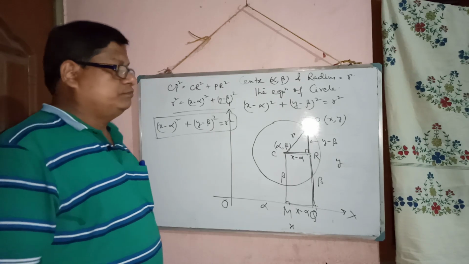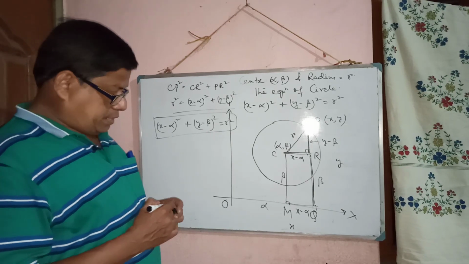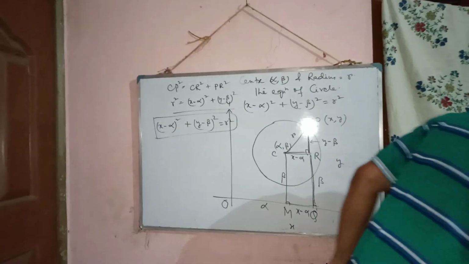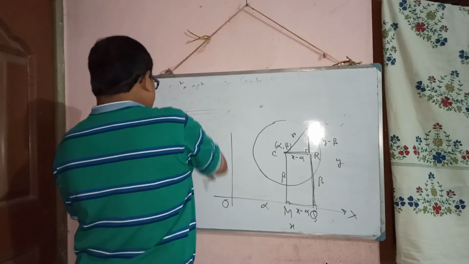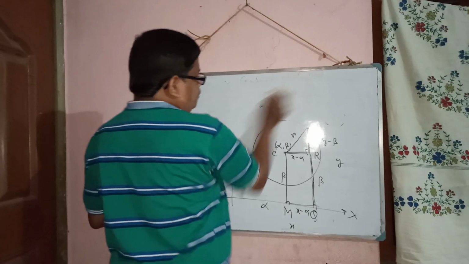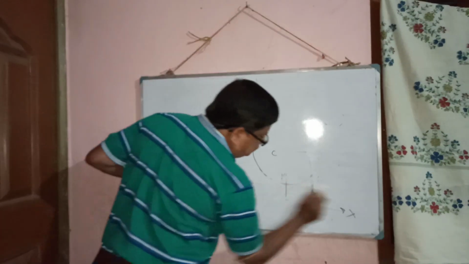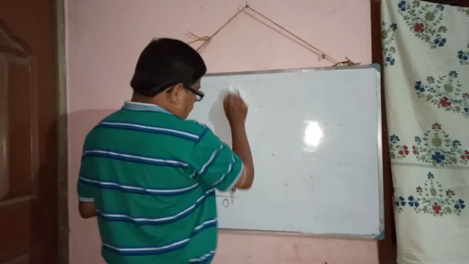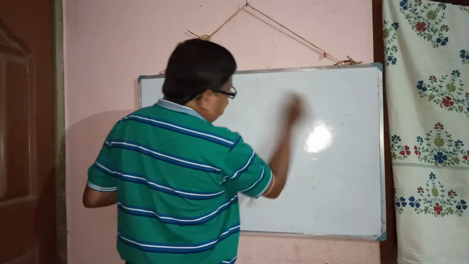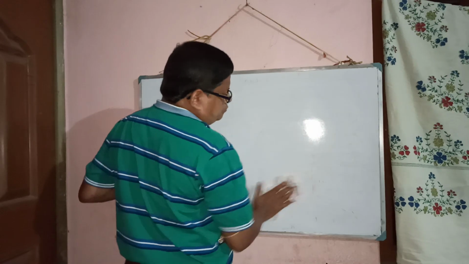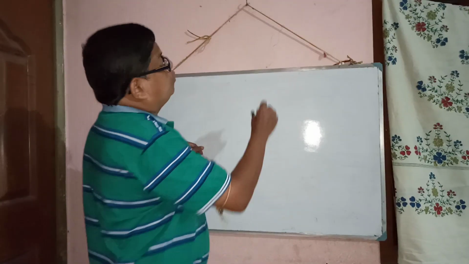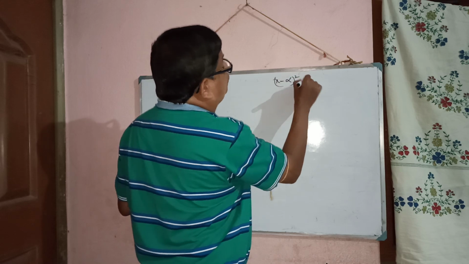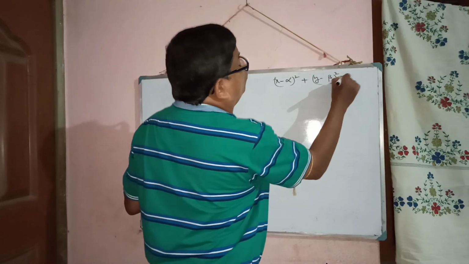Now, next part. We just got x minus alpha whole square plus y minus beta whole square equal to r square.